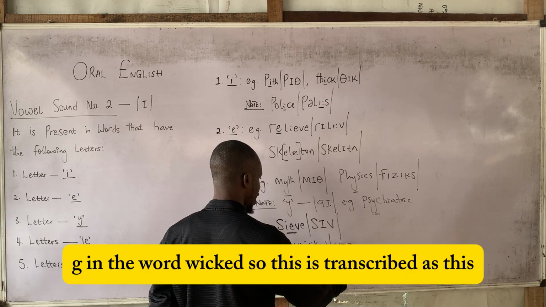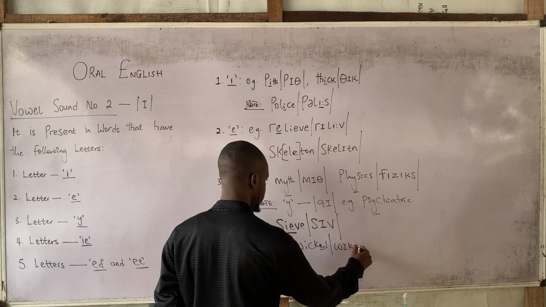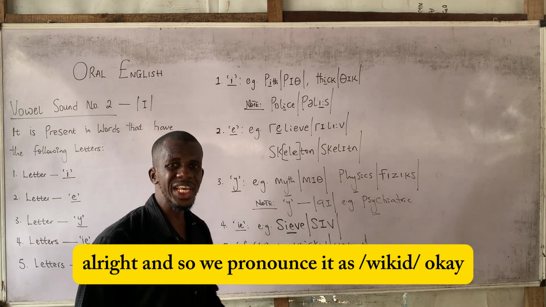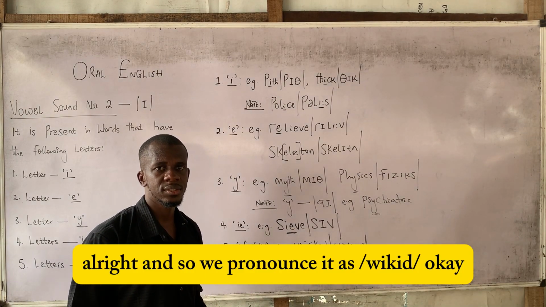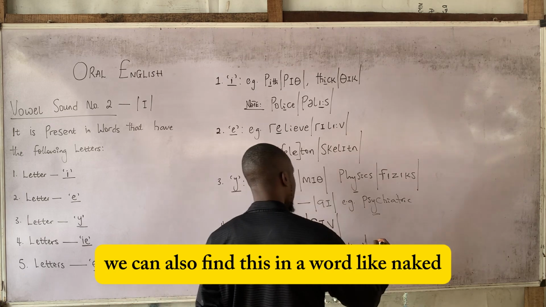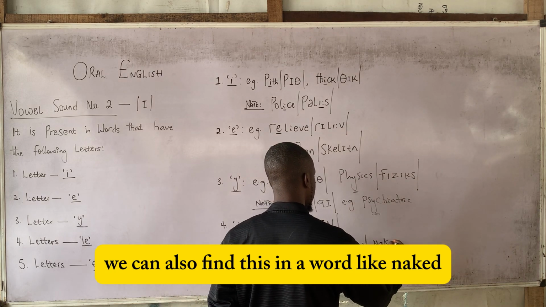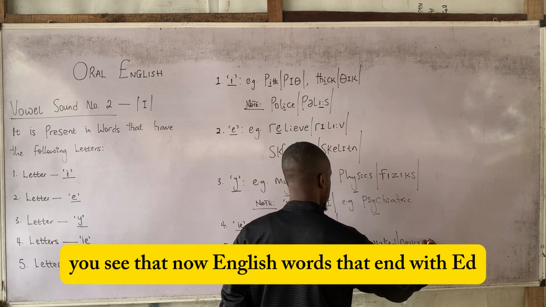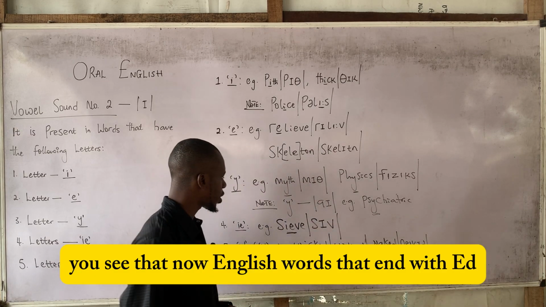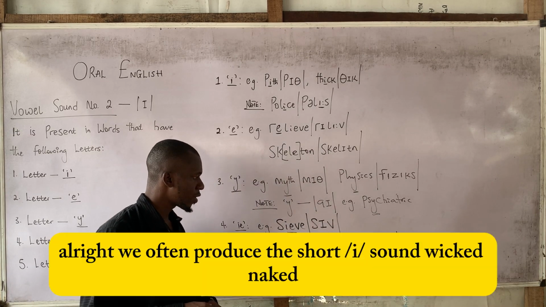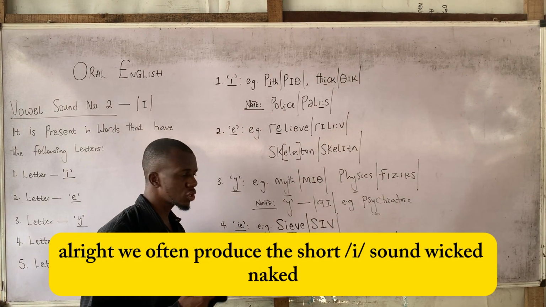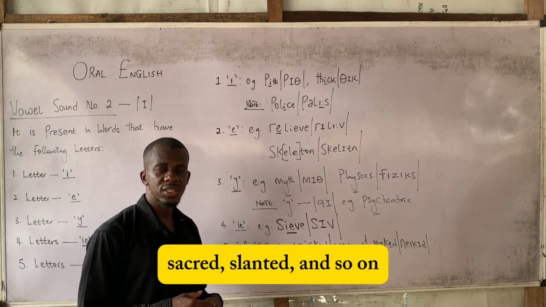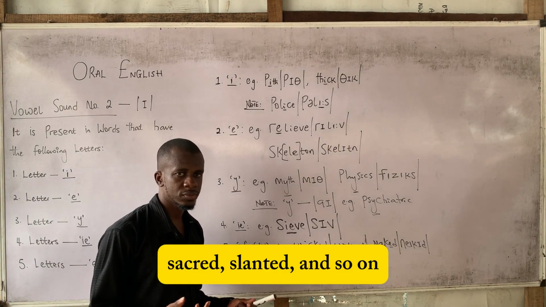So this is transcribed as this. All right, and so we pronounce it as wicked. Okay, we can also find this in a word like naked. You see that now? English words that end with ed, all right, we often produce the short e sound. Wicked, naked, sacred, slanted, and so on.